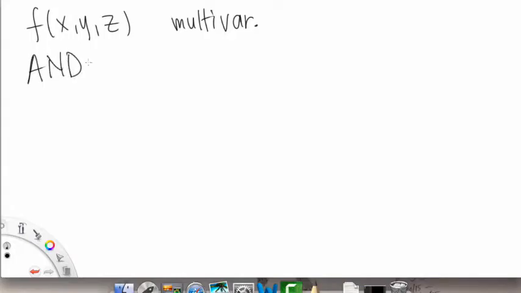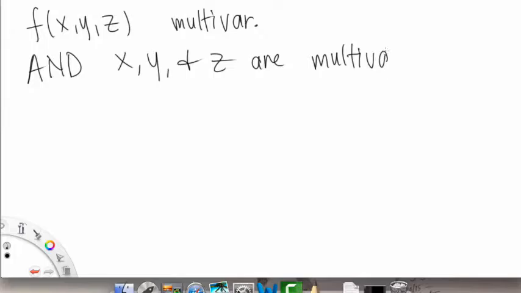So suppose we again start with a multivariable function, f of x, y, z. And now x, y, and z are also multivariable functions. What do I mean by that?